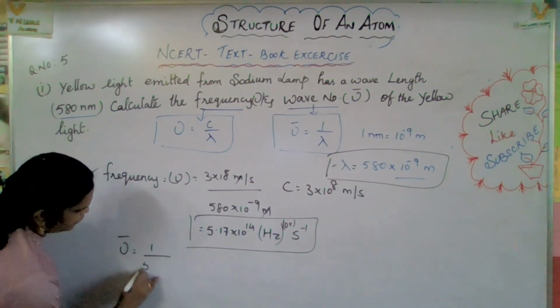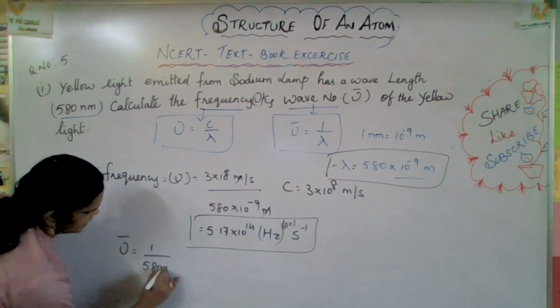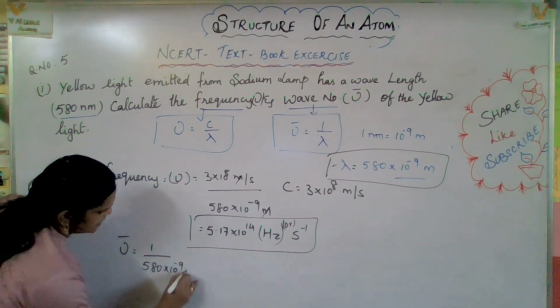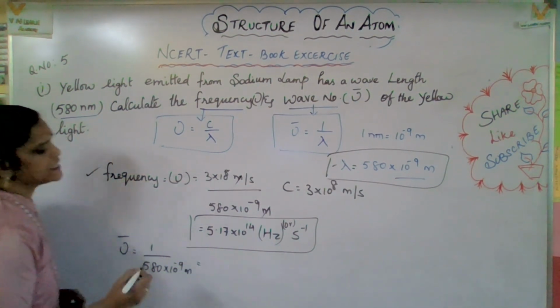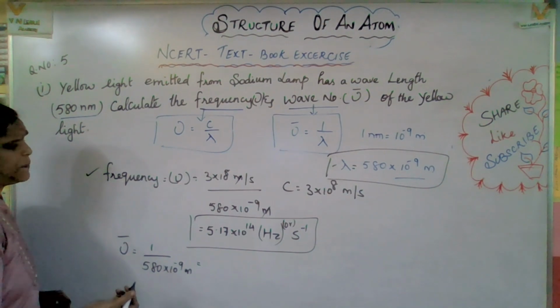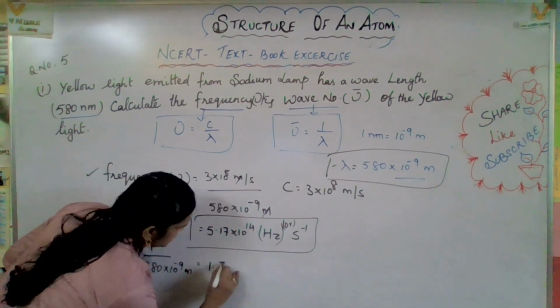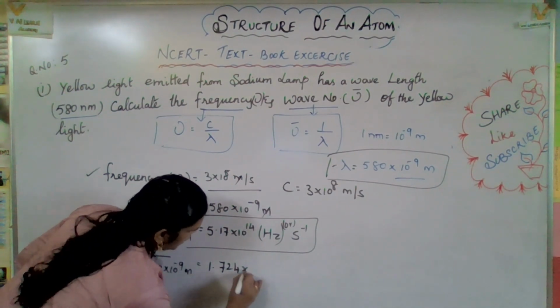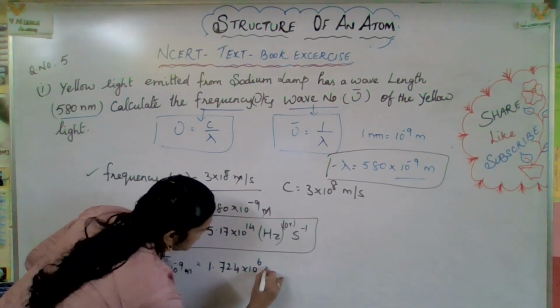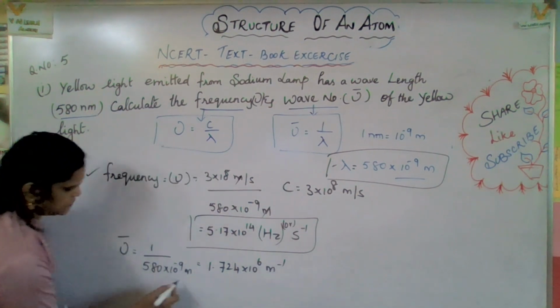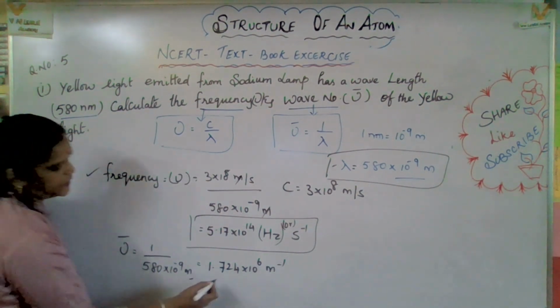So here, 580 into 10 to the power of minus 9 meter. So what is the answer? This is very simple. I hope you got the answer. Come on, check the answer. 1.724 into 10 to the power of 6 meter inverse. The meter goes to the denominator, so meter inverse.